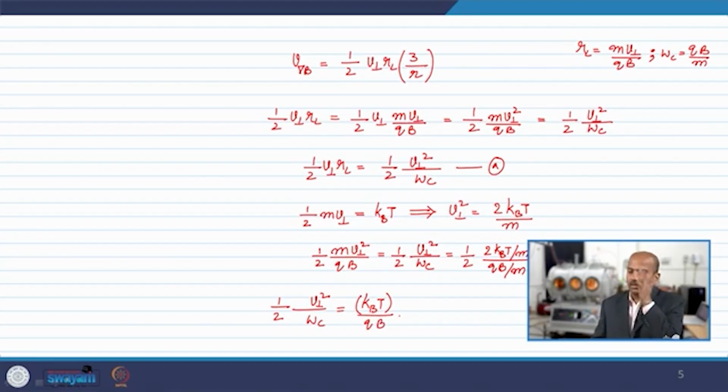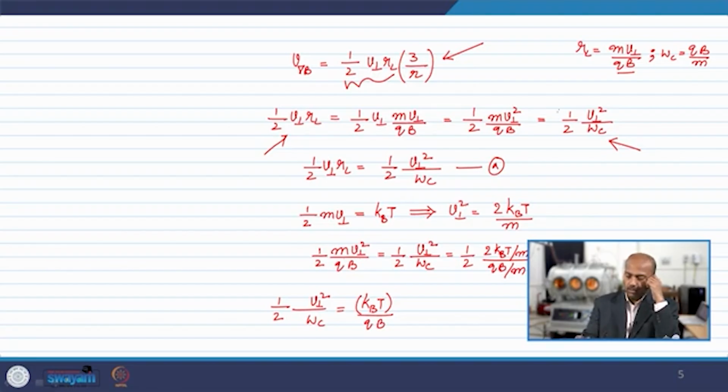If you are just wondering what I have done, up to here it must be clear to you. I am looking at this factor half v perpendicular RL. Using the definition of RL, I am writing half v perpendicular RL as half v perpendicular square by omega c. What is v perpendicular? The perpendicular component of the velocity.